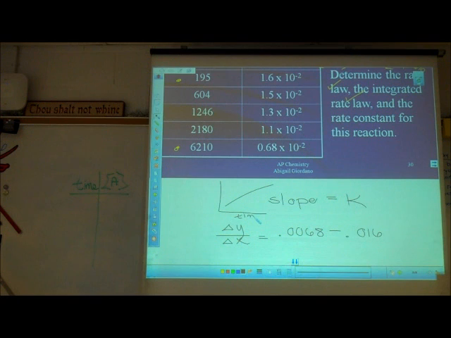Time was on the X. What was on the Y over here? 1 over the concentration. This is not correct. This is correct.